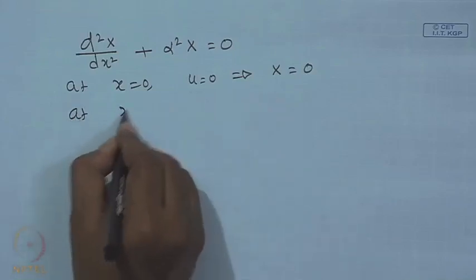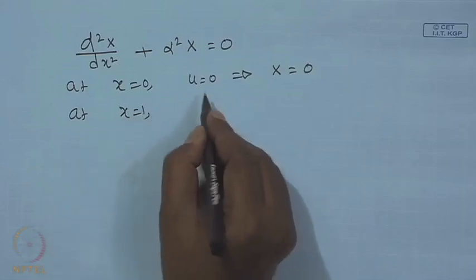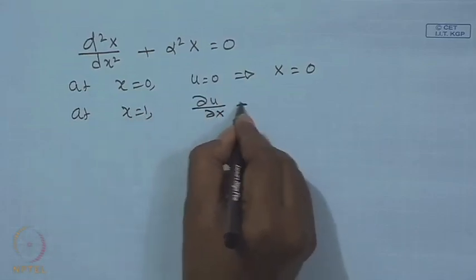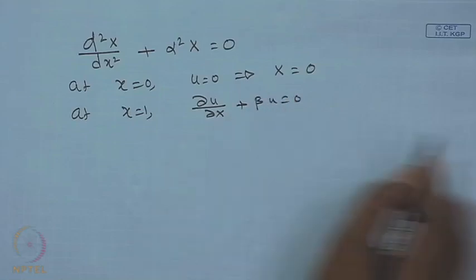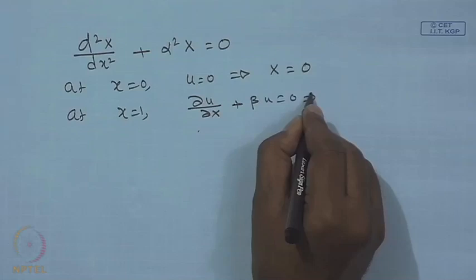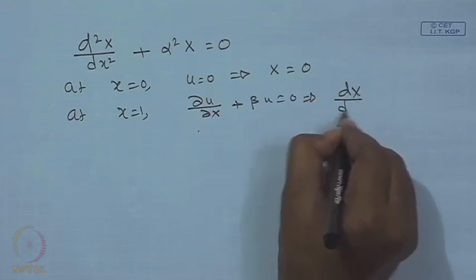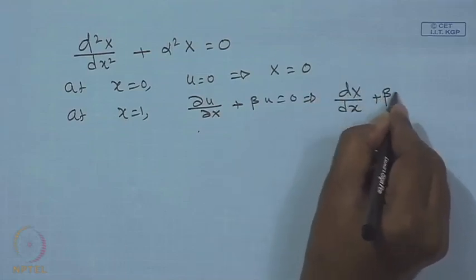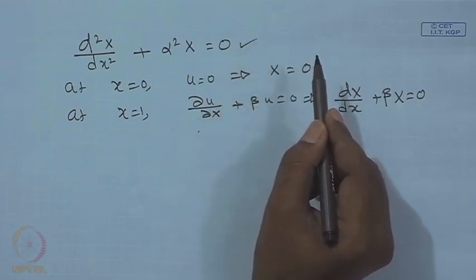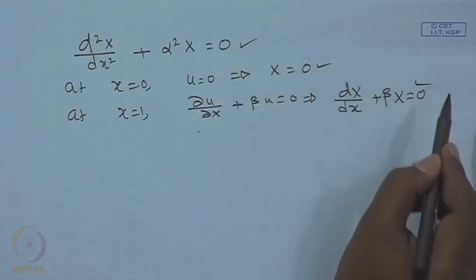So, at x is equal to 1, you had ∂u/∂x plus beta u is equal to 0, put u is equal to T into X. So, this becomes at x equal to 1, dX/dx plus beta X is equal to 0. So, you have the standard eigenvalue problem with homogeneous boundary conditions.